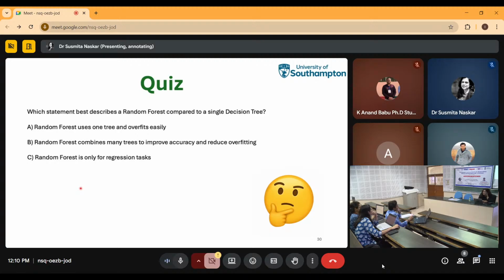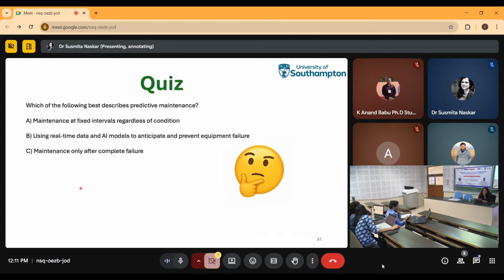Does it use one tree and overfit only? No. Does it combine many trees to improve accuracy and reduce overfitting? Does it only get used for the regression task? No. So B is the correct answer.